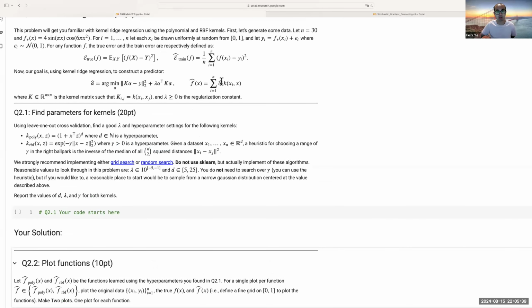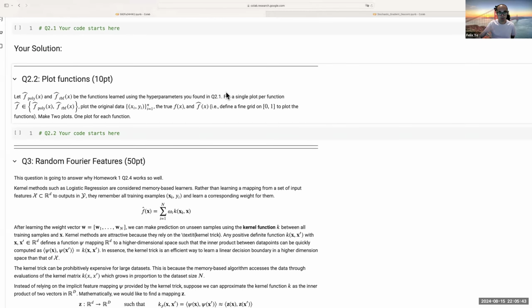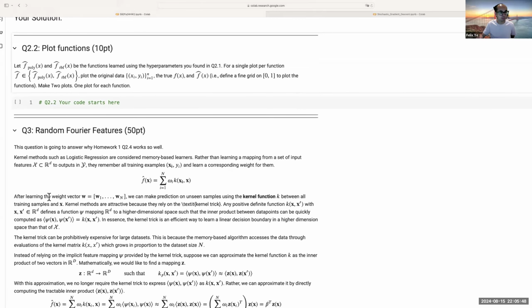So the key is we need to learn the weight vectors W1 to Wn. Then we can make predictions for unseen samples just using the kernel functions between the training samples and X right here.